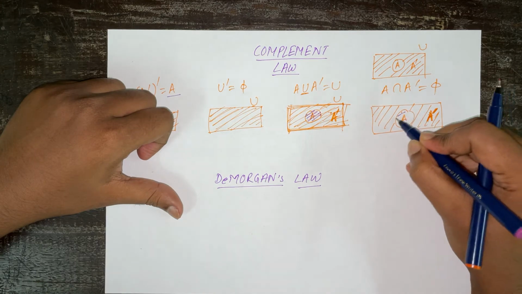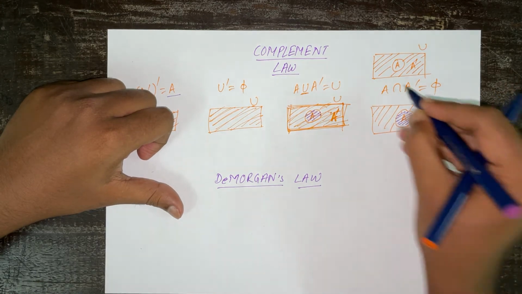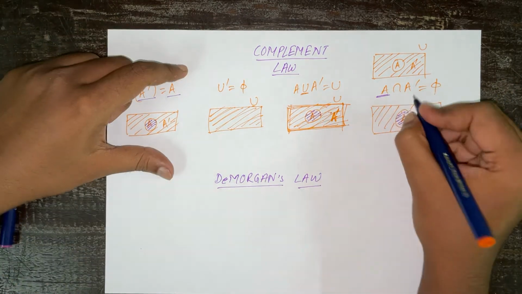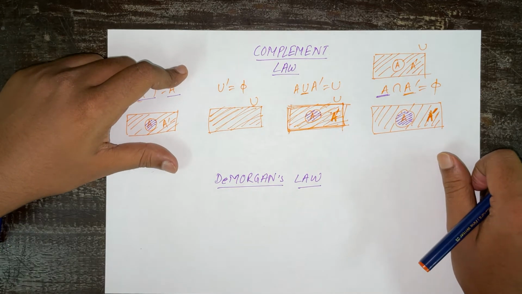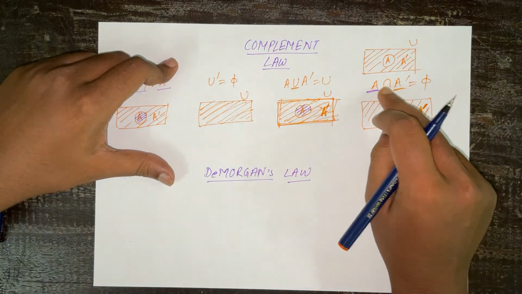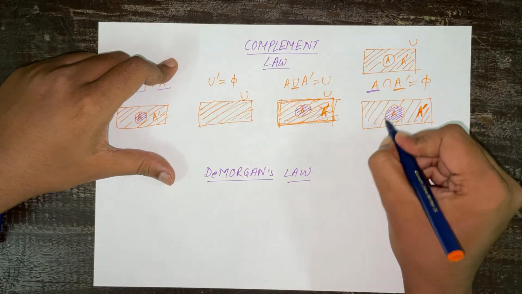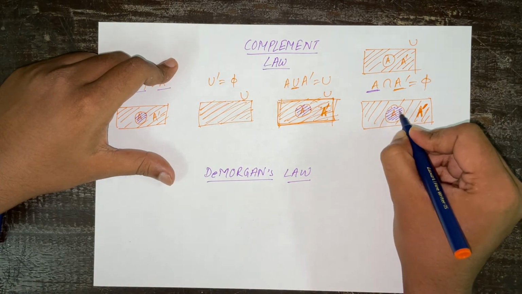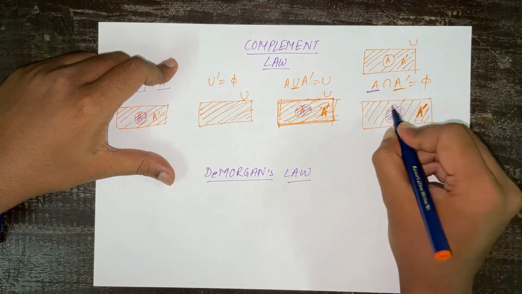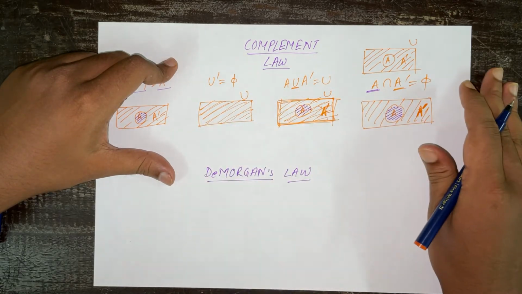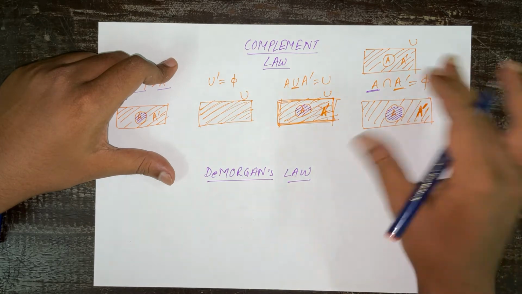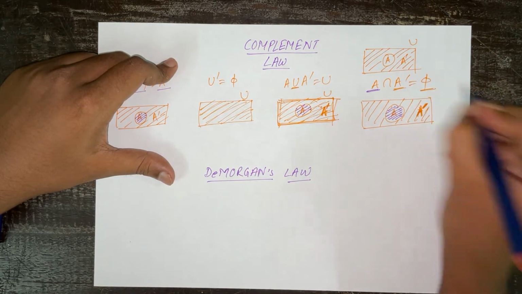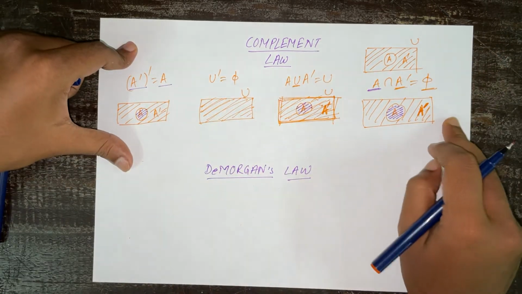The violet region is our A and the orange region is our A complement. The intersection means the common part. Is there any common part between the violet region and the orange region? No, there is nothing in common. If we don't have anything in common, there's nothing, and nothing means phi. So that's what the complement laws mean.